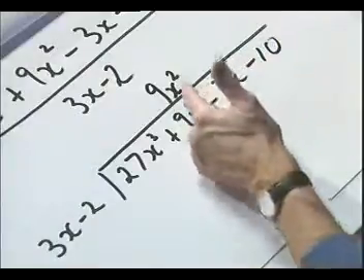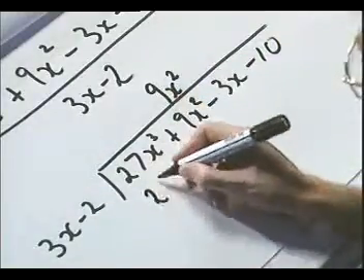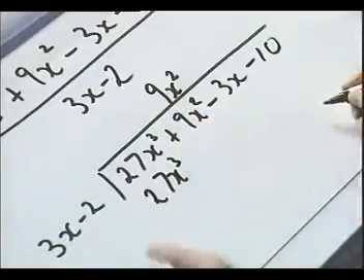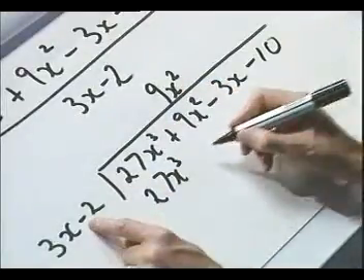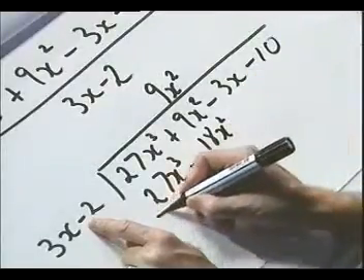So now we do the multiplication. 9x squared times 3x is 27x cubed. 9x squared times minus 2 is minus 18x squared.